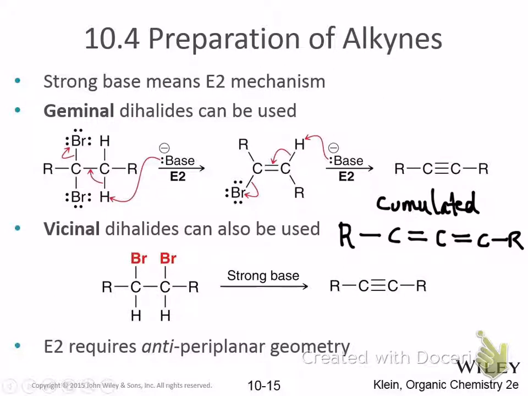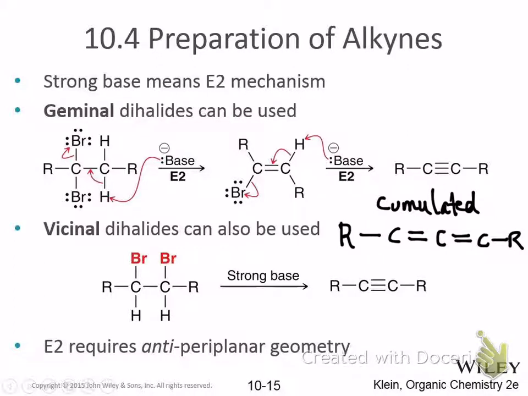Any questions? The opposite of like being conjugated, where they're separated by. Yeah, so these are not conjugated, right? They're called cumulated because if you think about the p orbitals on this pi bond and the p orbitals on this pi bond, they're 90 degrees to each other. So it doesn't allow for delocalization. So basically all you did is take all the electrons in the pi bond and shoved them onto one carbon.